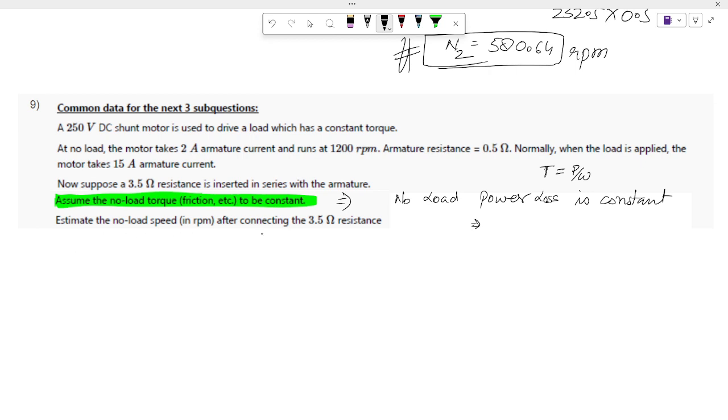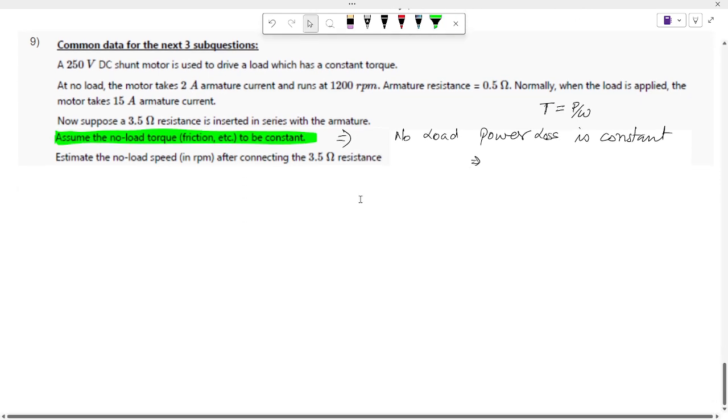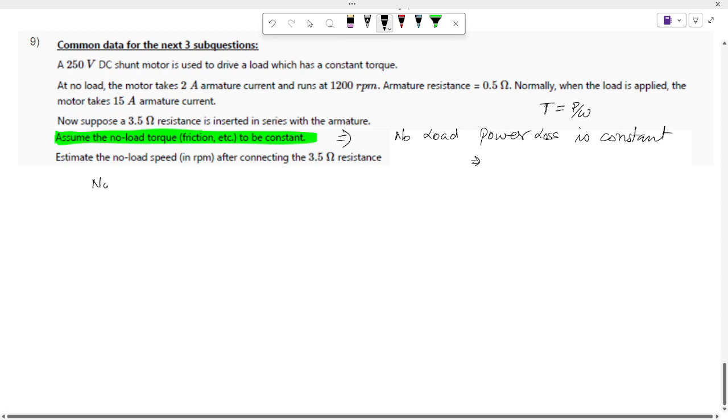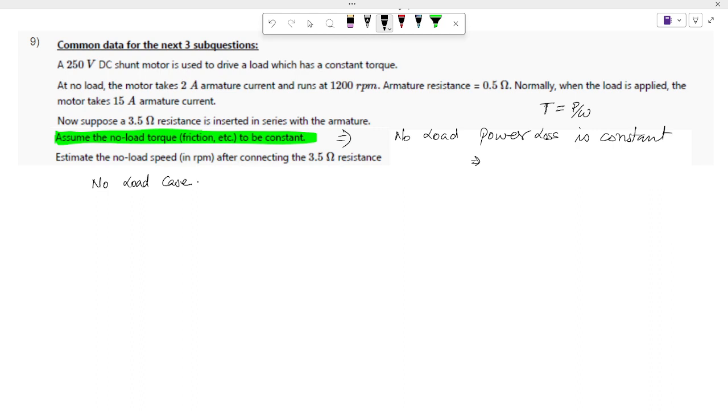Estimate the no load speed in RPM after connecting the 3.5 ohm resistance. Okay, there are two parts in this question. First, at no load the motor takes 2 ampere. Listen how I'll do this. A 250-volt DC shunt motor is used to drive a load.